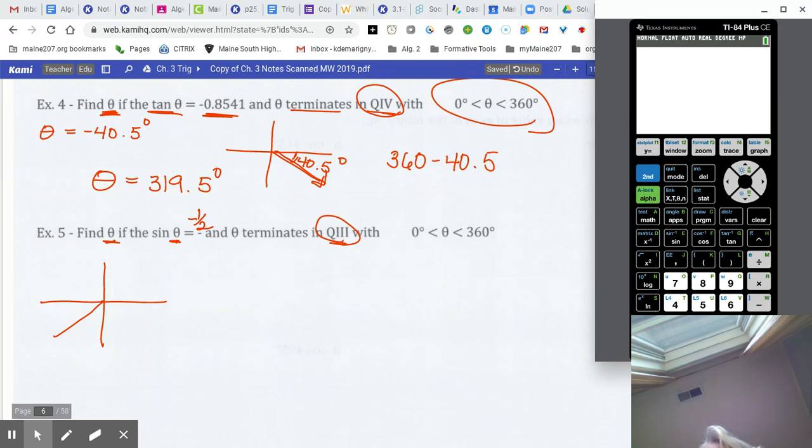I would have the 30-degree angle. So the 30-degree angle would give me this ordered pair. Root 3 over 2, 1/2. If this is my 30-degree reference, and if I'm in quadrant 3, and this is my sine, it tells me it's negative. It's a negative 1/2, which is what they told me that I had.